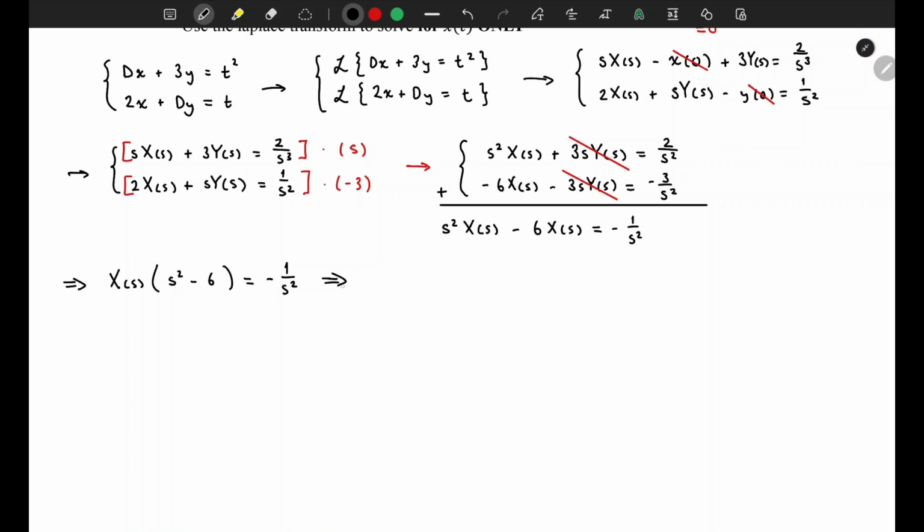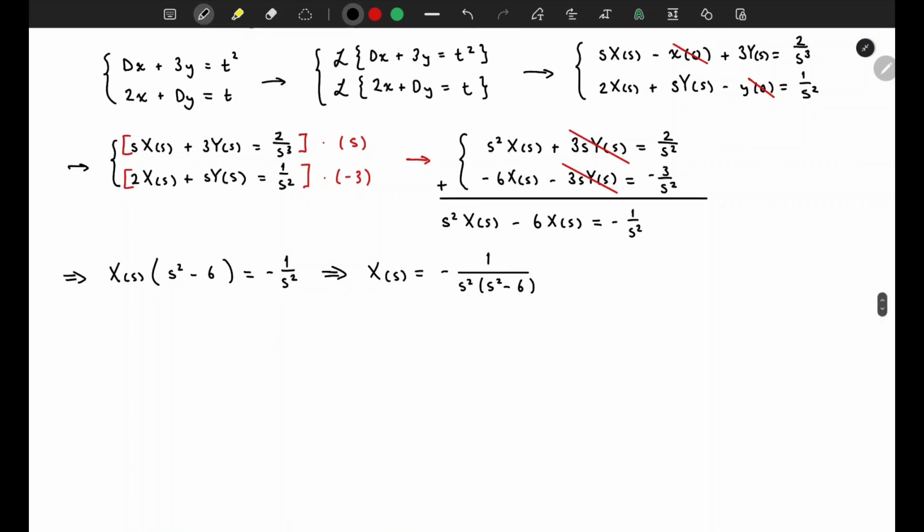Which now, if we actually solve for X of s, we're going to get negative 1 over s squared times s squared minus 6.